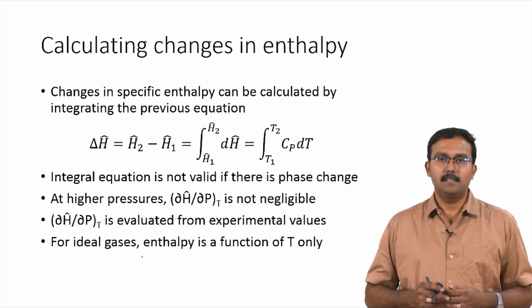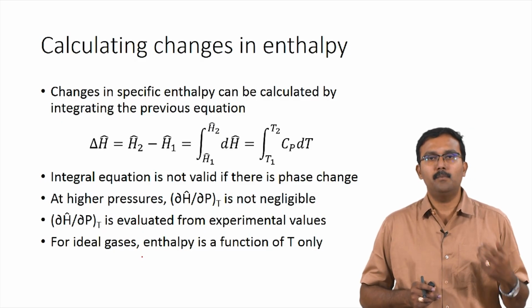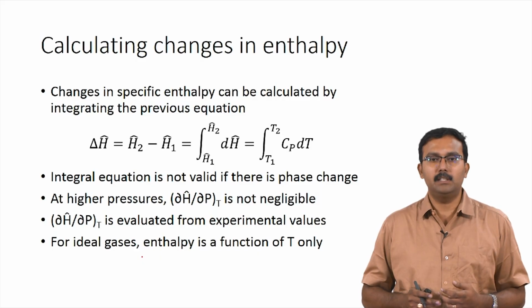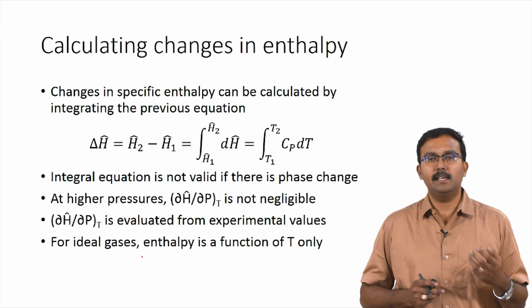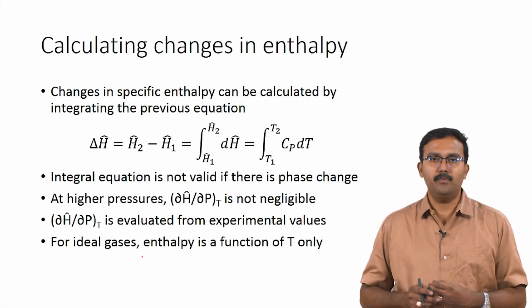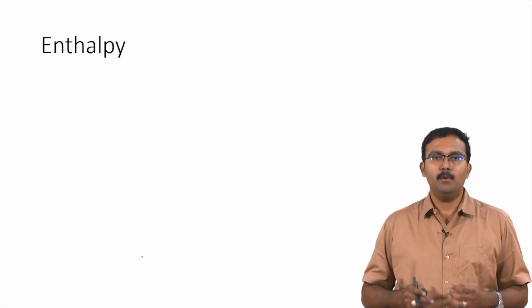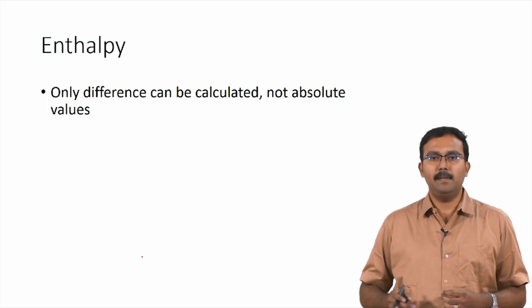For ideal gases, enthalpy is a function of temperature only, thereby the second term, dou H cap dou P at constant temperature, goes to 0. So, the equation integral Cp dT is valid for all ideal gases as long as there is no phase change.